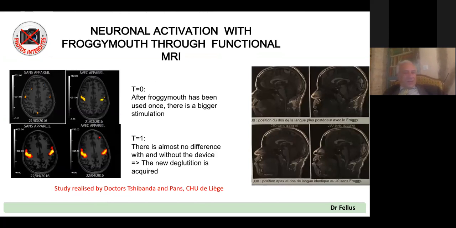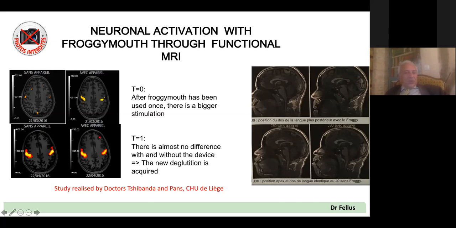And this neuronal action has also been done in Belgium at Liège. It was not a 7-year-old patient, but a 35-year-old man. You can see without the appliance, there is a very low stimulation of this lateral area.